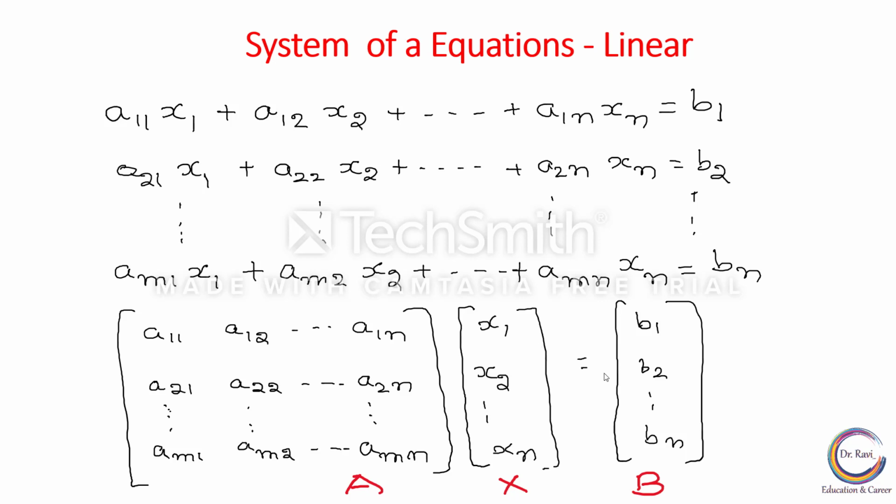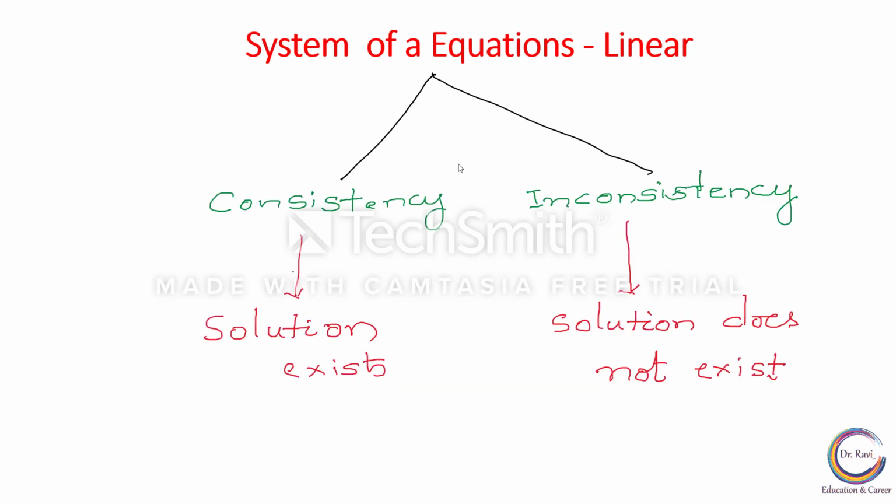Equal to the right hand side contains a matrix B, which is a column matrix or a column vector containing b1, b2, so on bn. Now you can verify, if you multiply A into X and equate it to B, you will get all the corresponding system of equations. So we need to express the system of equations in the matrix form as Ax equal to b.